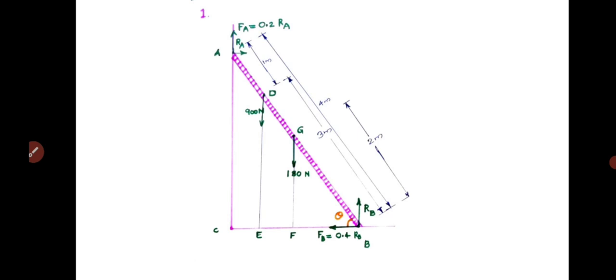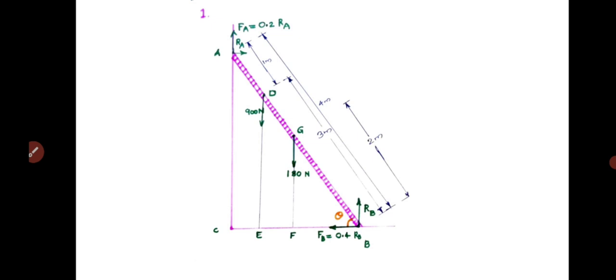So FB denotes the force of friction acting at the contact surface between the floor and the ladder at point B. Given the coefficient of friction between floor and ladder is 0.4, and the vertical reaction at B is RB, therefore force of friction FB equals mu into RB, that is 0.4 into RB. Let the ladder be inclined at an angle theta with respect to the horizontal.